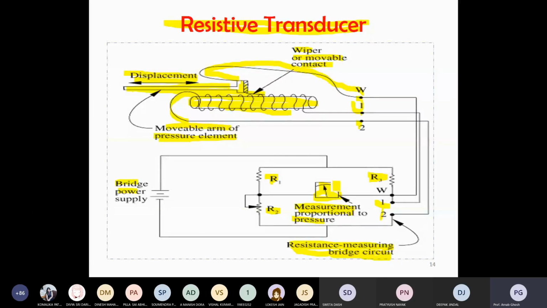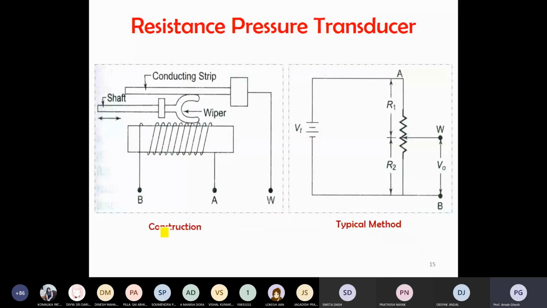So you can calculate the value of R4 in the resistance measuring bridge circuit. By that way, the resistance may be used as a transducer.